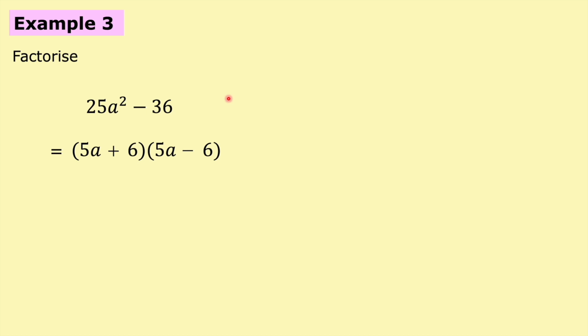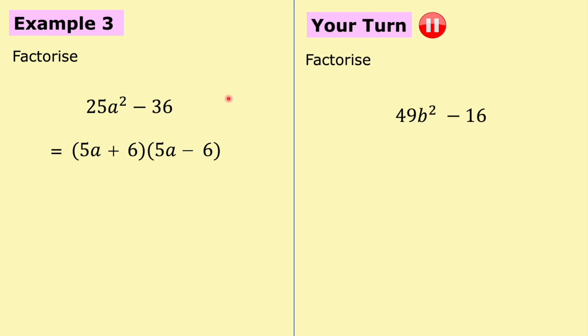Okay, so can you please, again, pause the video and give this one a go. Okay, so the answer to this one. As long as the number in front of your algebra term is a square number, we can follow the same steps.